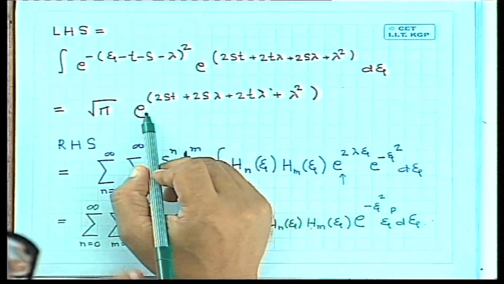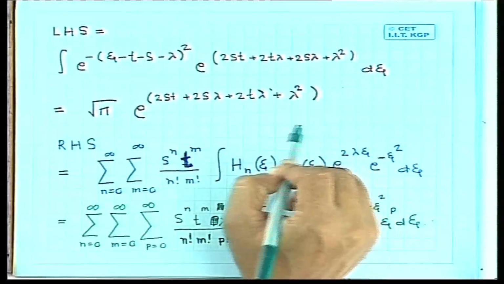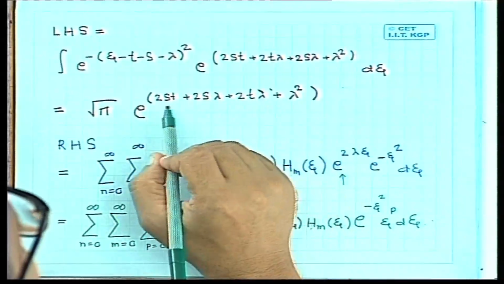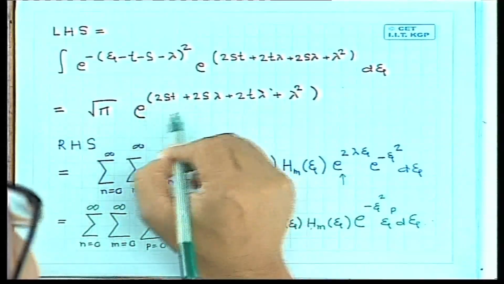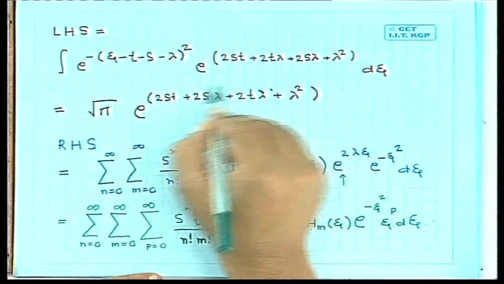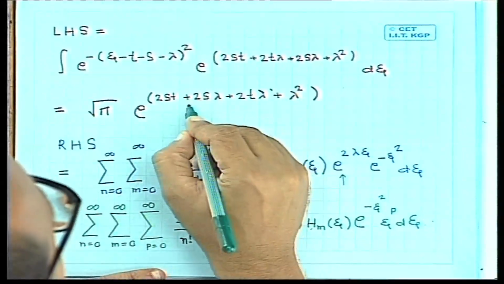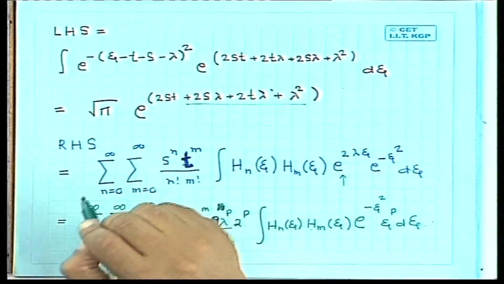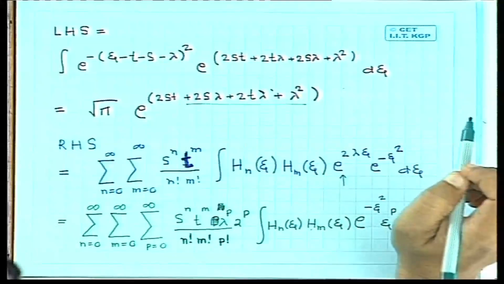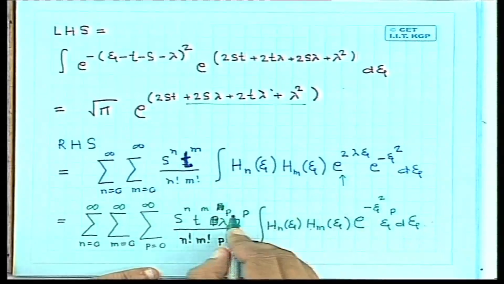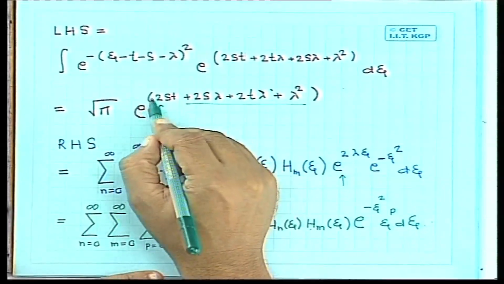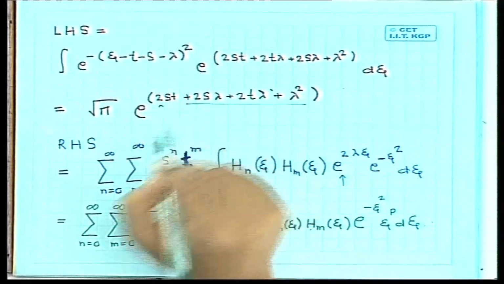Now if I do a series expansion of the left hand side, that you can think of as two parts. One is a series expansion of this, and the other is a series expansion of the rest of it. The series expansion of the rest of it, which is this, will be 1 plus some factors with lambda in it. So this with p equal to 0 is equal to the series expansion of just this term, this e to the power 2 st, multiplied by 1.